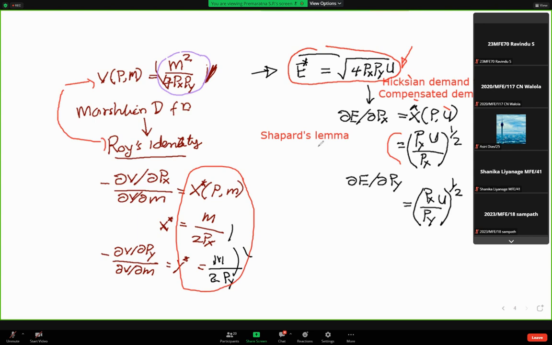The difference between the Marshallian demand function and the Hicksian demand function is that the Marshallian demand function captures the total price effect, while the Hicksian demand function only captures the substitution effect.